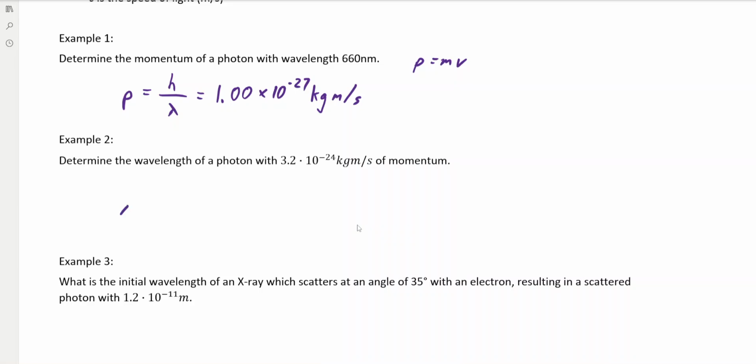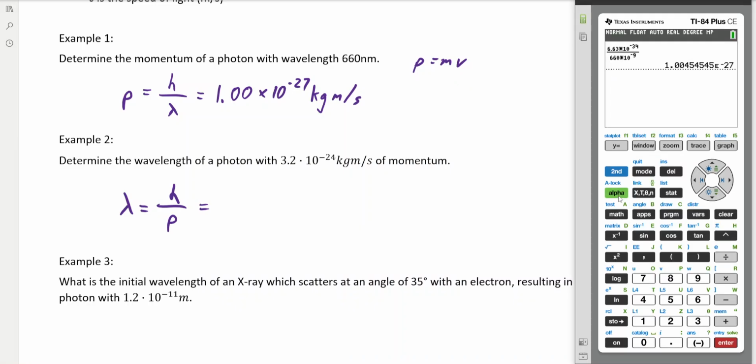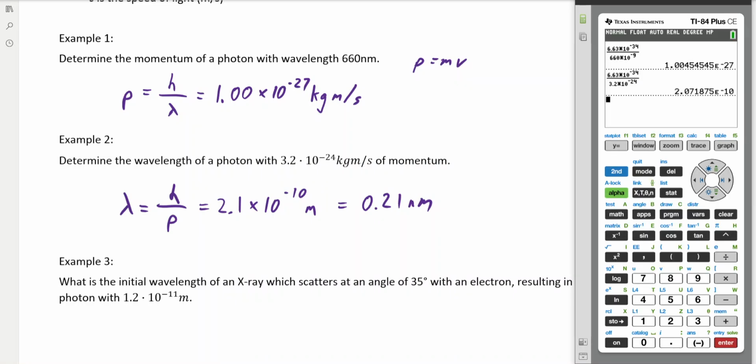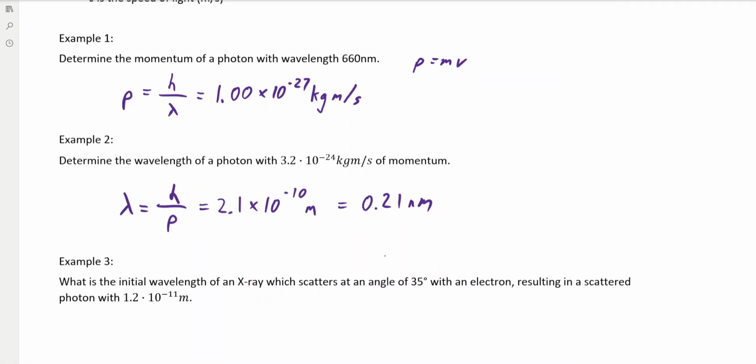So we're going to basically flip it all around. So we just moved the p and the lambda over, and so now we can plug this in. So that's wavelength, and that would be in meters. If we wanted to convert that to something else, we certainly could. It would be 0.21 nanometers. Yep, that would be also correct. So either one of those is perfectly fine.